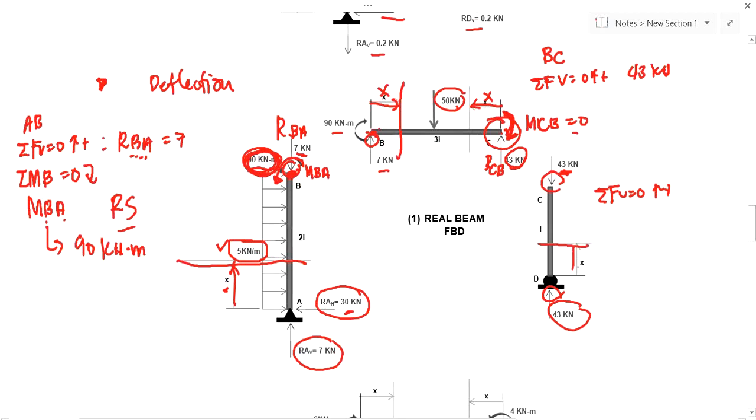So, I take that as my cutting segment. So, we have four segments all in all. We have AB, BE, let's say this is E, CE, and CD. That is for the real beam. Real beam pa lang tayo.